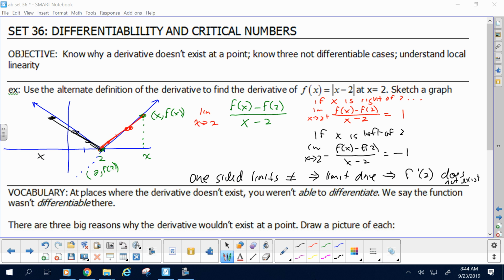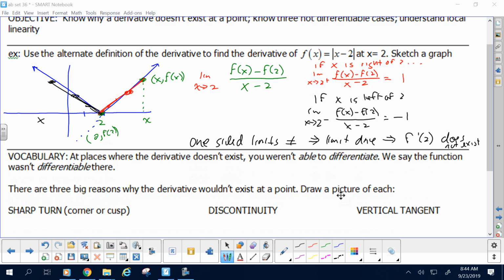But on that side, it looks like it's negative. Well, you can't say that's both. It's one or the other, and if it's not the same, then you say the limit doesn't exist, and therefore the derivative doesn't exist. So you're going to get a problem with the derivative anytime the slopes abruptly change from one thing to another without smoothly transitioning. At places where the derivative doesn't exist, the vocabulary is that at 2, the function is not differentiable, not able to take a derivative.